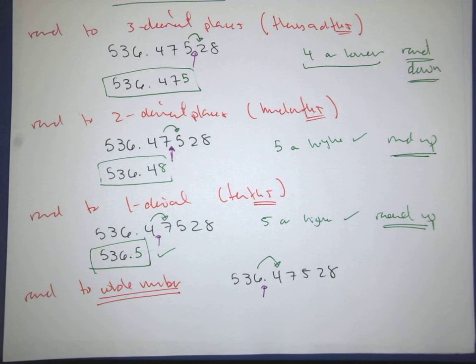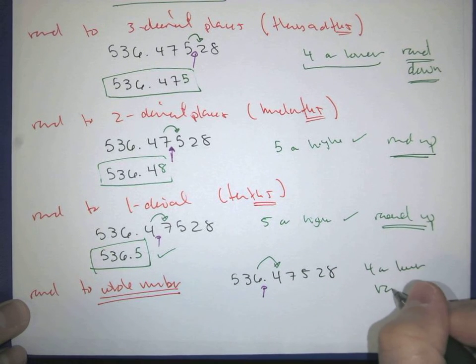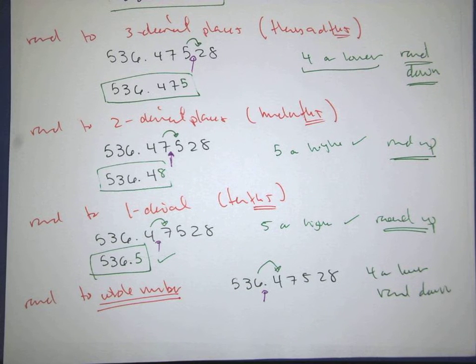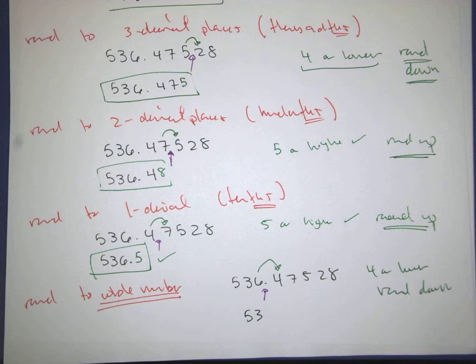So our decimal values here, are we at or above 0.5, or are we not? In this case, we're at 0.4 and change. 0.4 is not going to do it. This one's going to round down, right? This is 4 or lower. And so rounding down, what that's going to mean for us is we're just going to be left with 536.